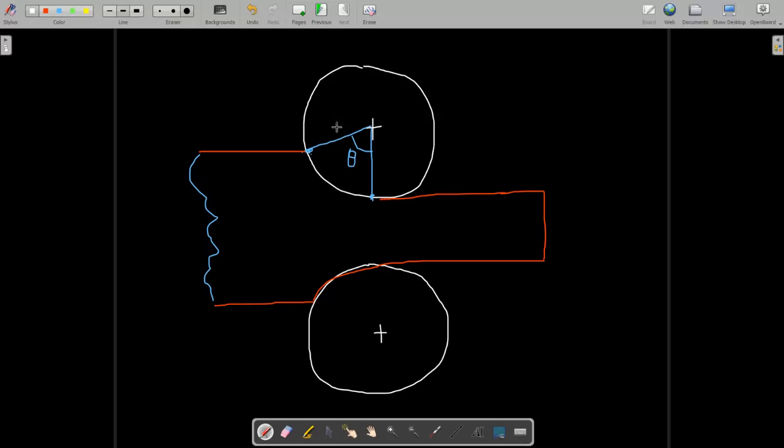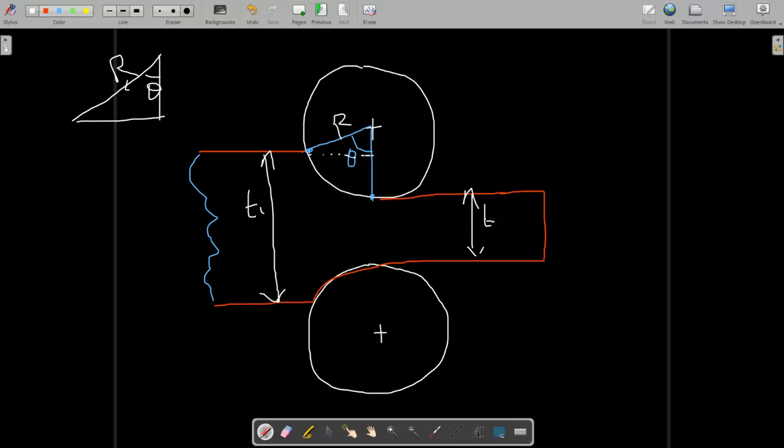Now use trigonometry. This is r. Now draw the horizontal line from here. This will make a triangle like this. This is theta, this is the roll radius r, and this is the initial thickness t1 and this is the final thickness t2. So there is a difference, delta h, reduction in height.